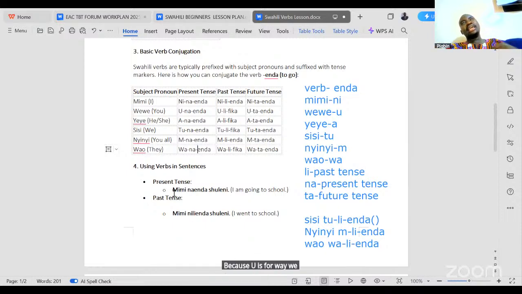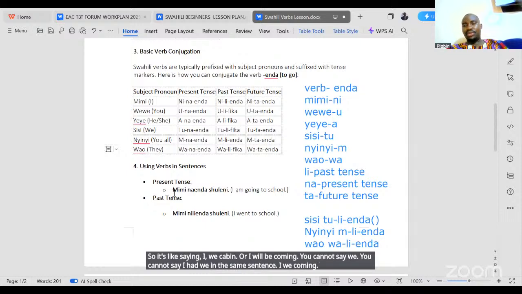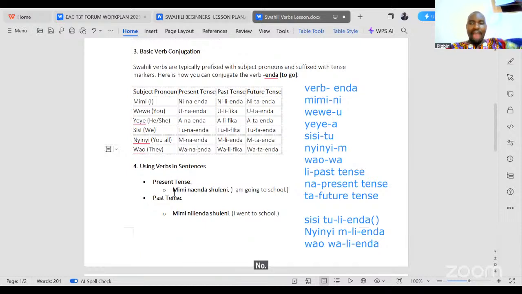So it's like saying I you coming. You cannot say I and you in the same sentence. No, it's I am coming. Mimi ninakuja. I am coming. You are. I am. You are. Wewe unakuja.